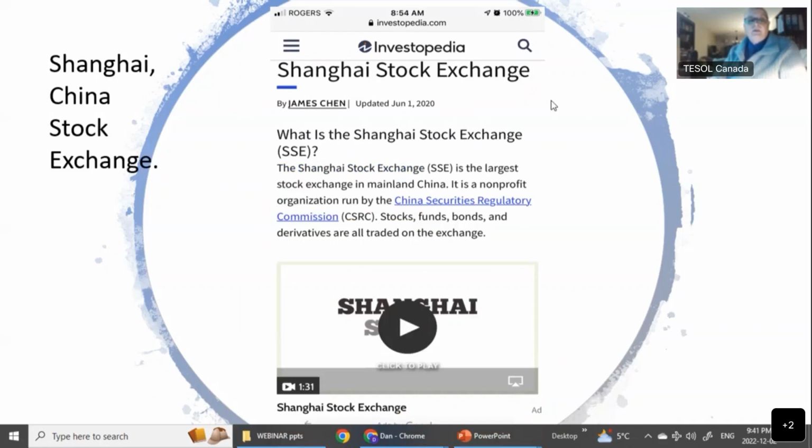In China, the Shanghai Stock Exchange is the largest in mainland China. It's a non-profit organization run by the China Securities Regulatory Commission, excuse me, run by the government. And it deals with stocks, funds, mutual funds, bonds, and derivatives. It trades all of those on the exchange.